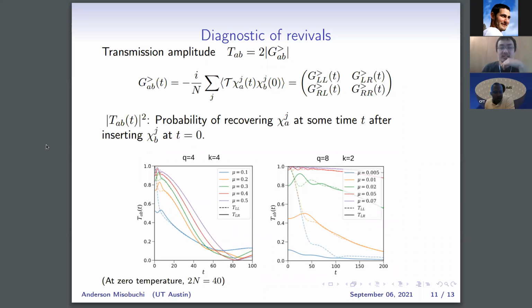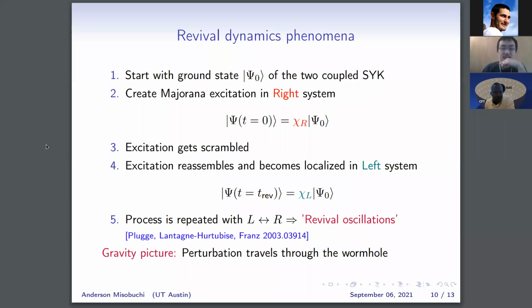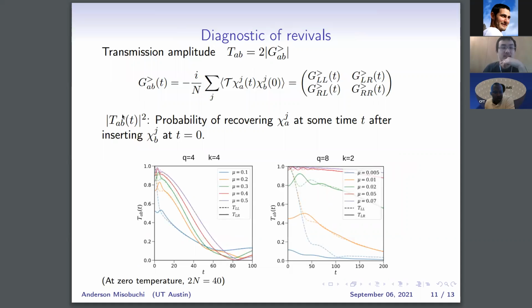Based on this oscillatory picture of a particle traveling between the two boundaries, what we expect about these coefficients is that, first, there are two independent coefficients, T left-left and T left-right.